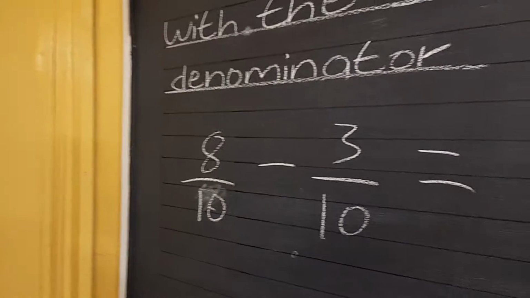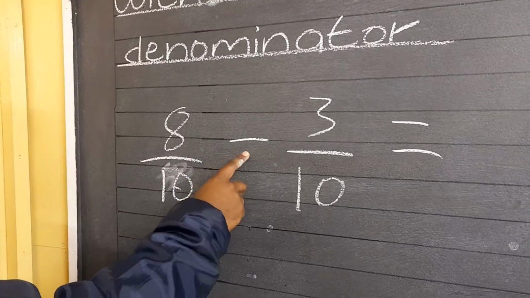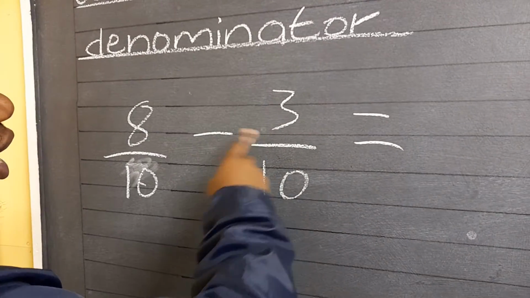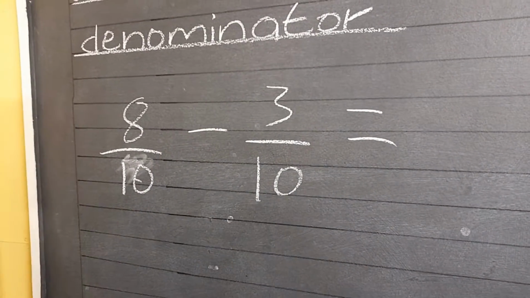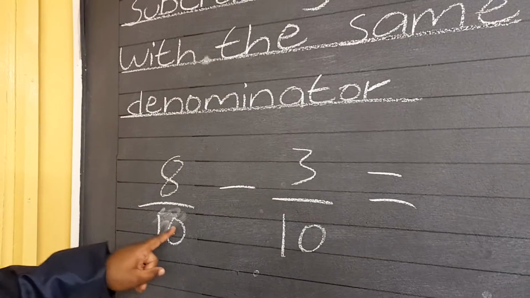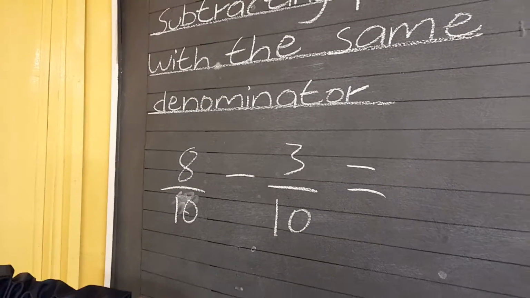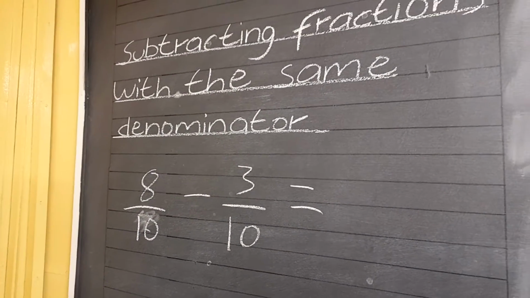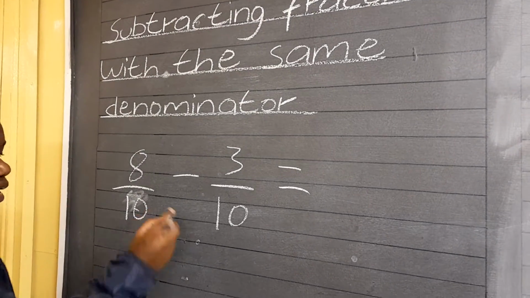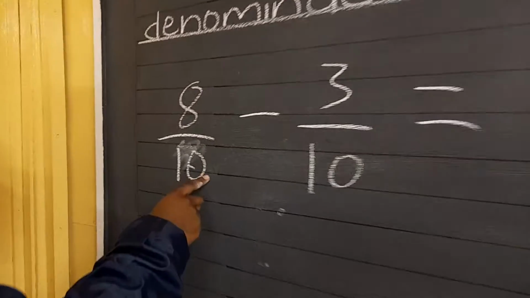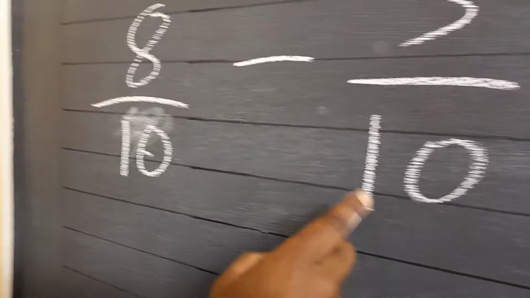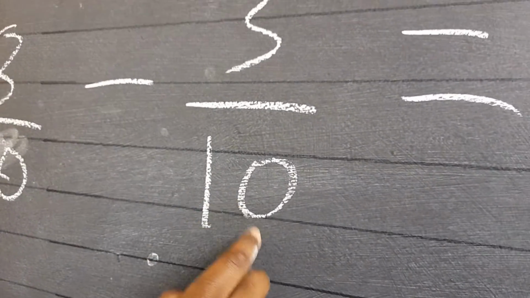Here we have 8 over 10 minus 3 over 10. When you are subtracting these two fractions which have the same denominator, here the denominator is 10, and this side the denominator is 10.